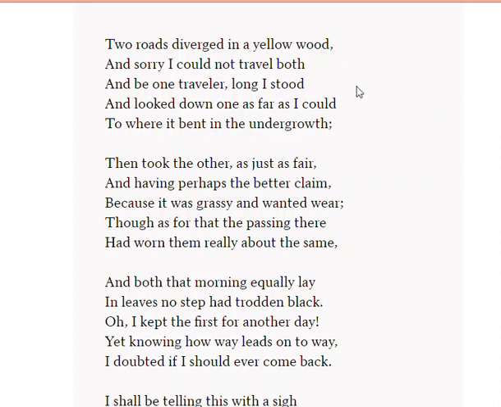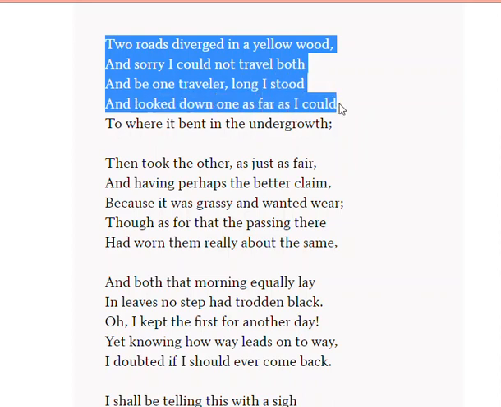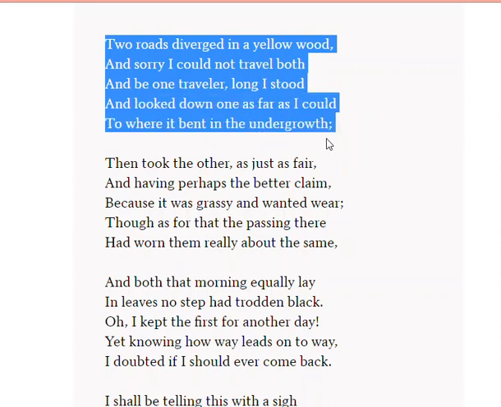So I'm going to read it here for you. Two roads diverged in a yellow wood, and sorry I could not travel both and be one traveler, long I stood and looked down as far as I could to where it bent in the undergrowth.